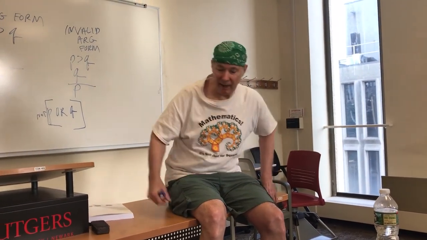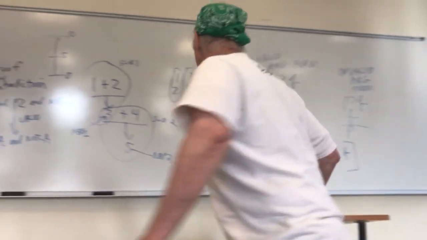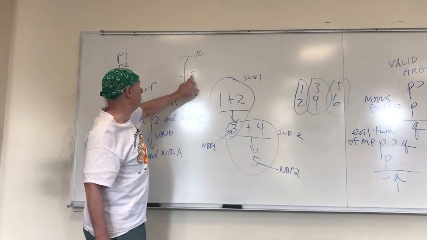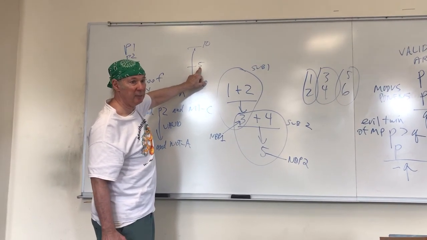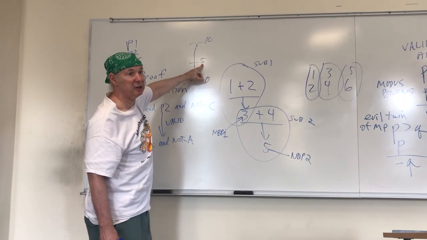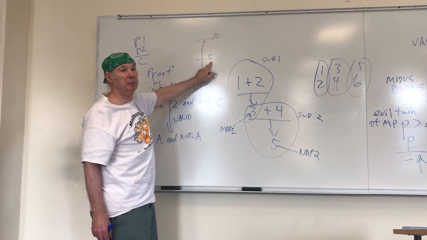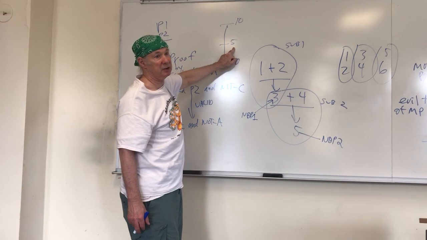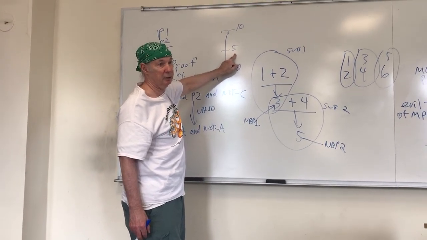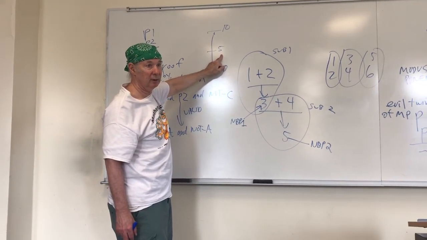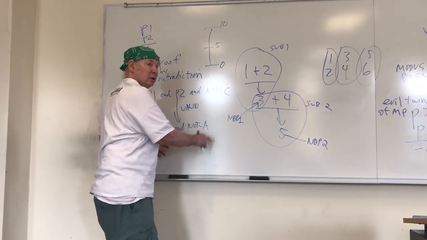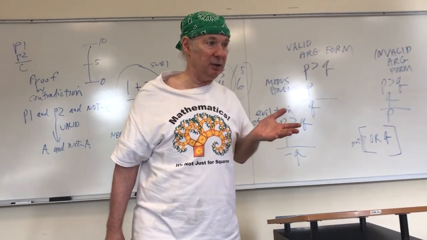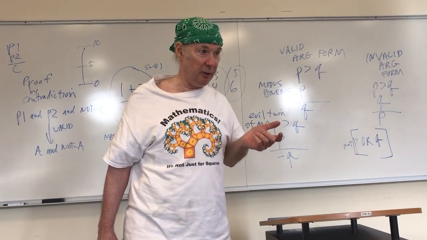So if you have an invalid argument that's not 10 and not 0, suppose it's 5. What 5 means is that in half the situations in which the premises are true, the conclusion is false, and in the other half of those situations in which the premises are true, the conclusion is true. But if you have a contradiction for a conclusion, it's false in every set of situations in which the premises are true.